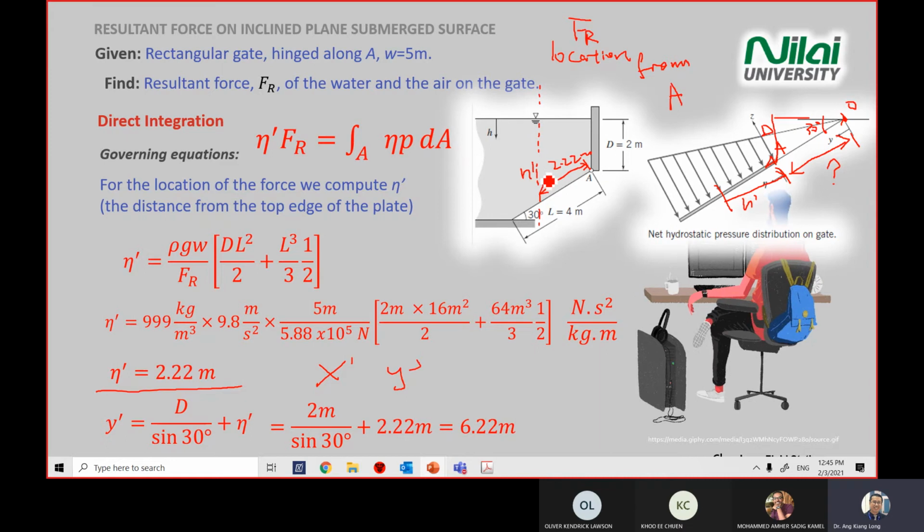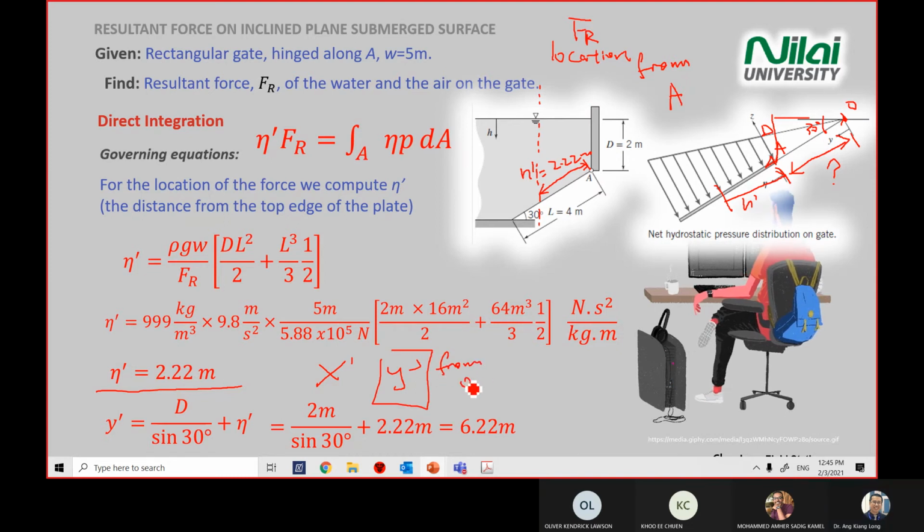If the question asks you to give the answer from the hinge, use that. If the question asks you to give the answer in y prime, it is always from the origin, or from the surface. So if the question asks for the origin, then we do the y prime calculation.